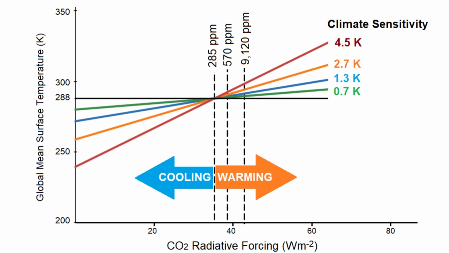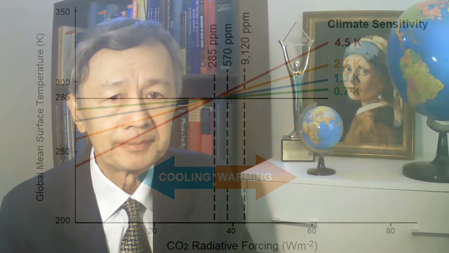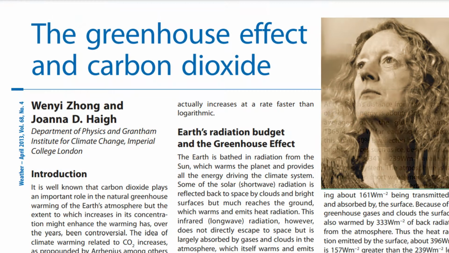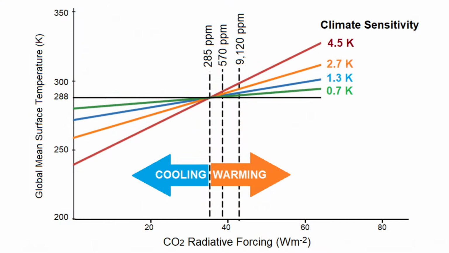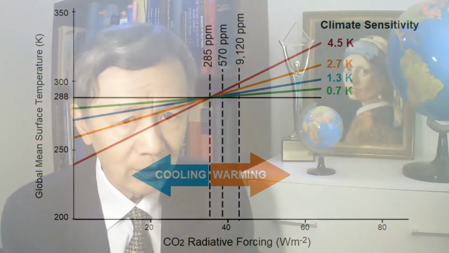Ranging from 0.7 K to 4.5 Kelvin. Today, I'm going to evaluate the data published by Zhong and He in 2013 to demonstrate how to determine the CO2 blocking and then calculate the related warming or cooling by using a range of climate sensitivity assumptions as shown in this picture. So are you ready?